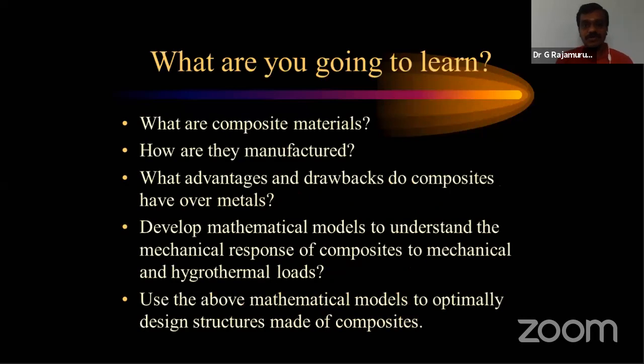First of all, we should know the importance of composite material. Why is everybody saying composite material? Because composite is basically about the strength to weight ratio. That is the major point for selecting composite material.